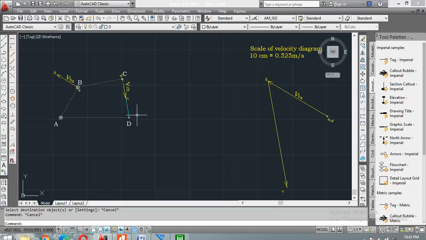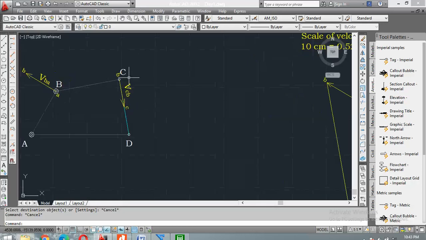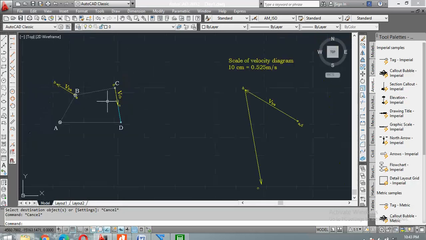But on this CD link, which point will you consider as a hinge point, C or D? Say, remember, we have to take a reference of that point only whose point is marked into the velocity diagram. Okay, so is C point marked into the velocity diagram or is D point marked? Remember, no, C point is not marked into the velocity diagram.